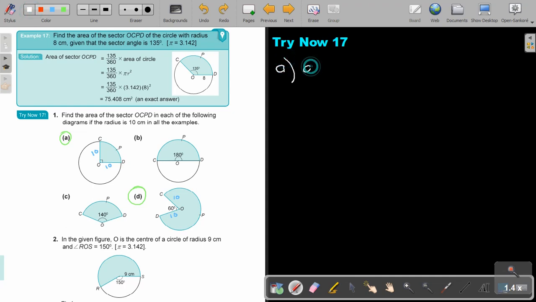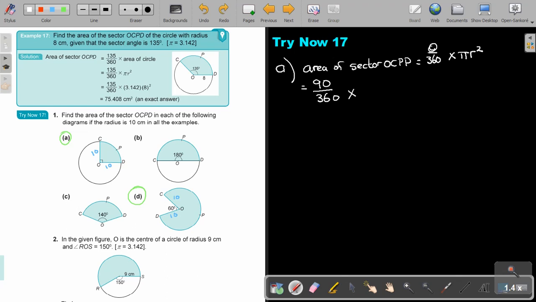So I'm going to say area of sector OCPD, and that's going to be, remember, 90 over 360 or a quarter, multiplied by, let's just do it like that. The angle over 360 multiplied by pi r squared.